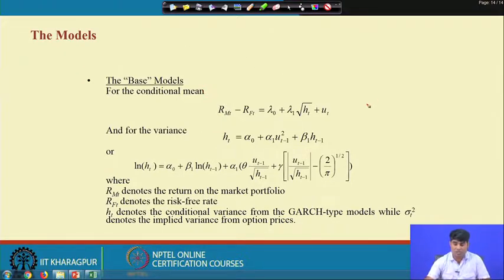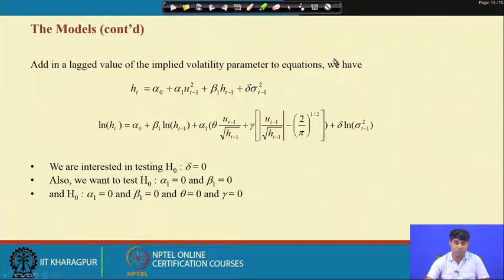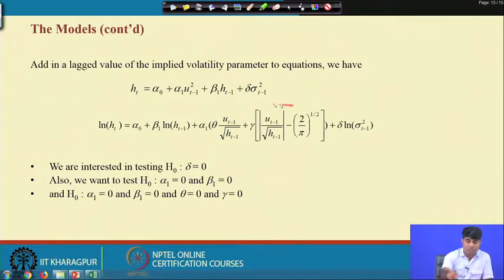That means technically we must have time series data and some extra information which may be highly useful for this kind of modeling. Again, adding the log value of the implied volatility parameter to the equation, we have the following, and that is another extension.